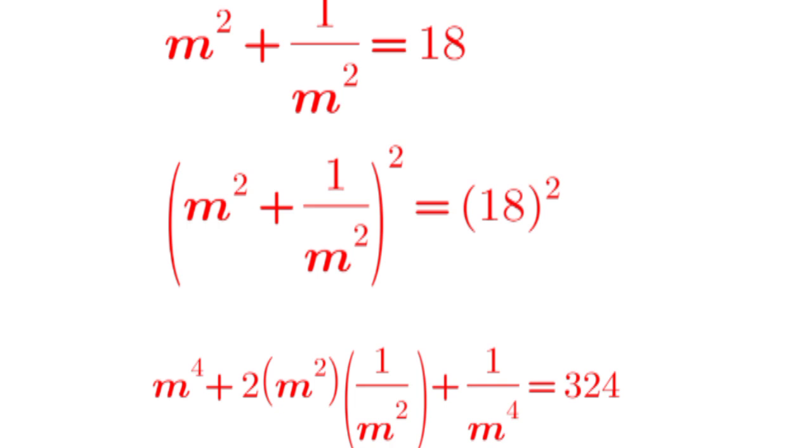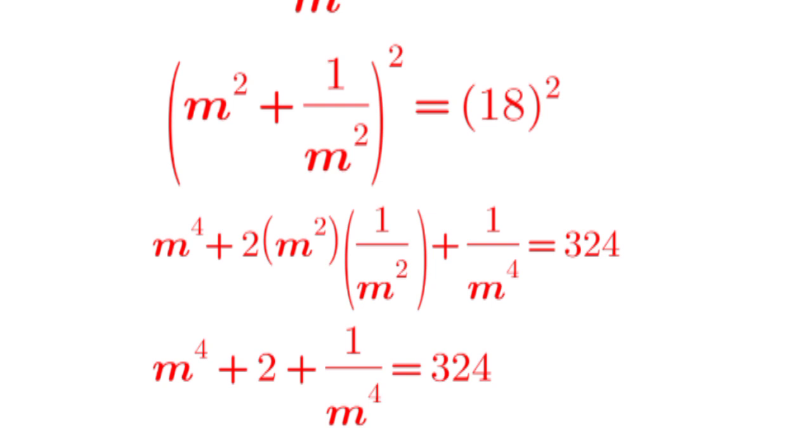Now, this m squared is going to cancel this m squared and be left with just 2. So this will give us m raised to the power of 4 plus 2 plus 1 all over m raised to the power of 4 is equal to 324.